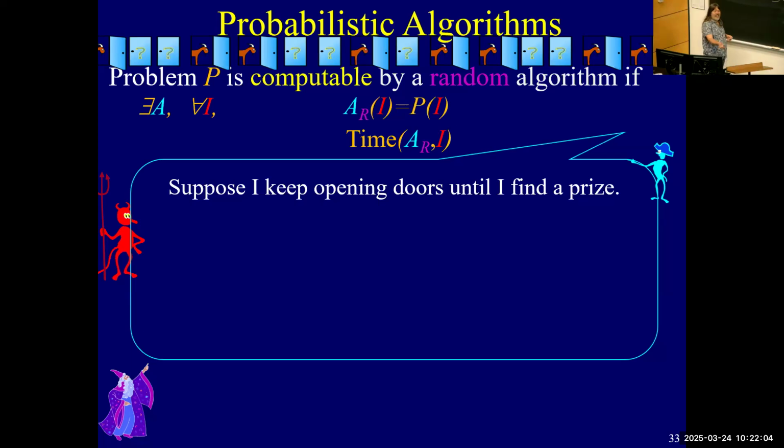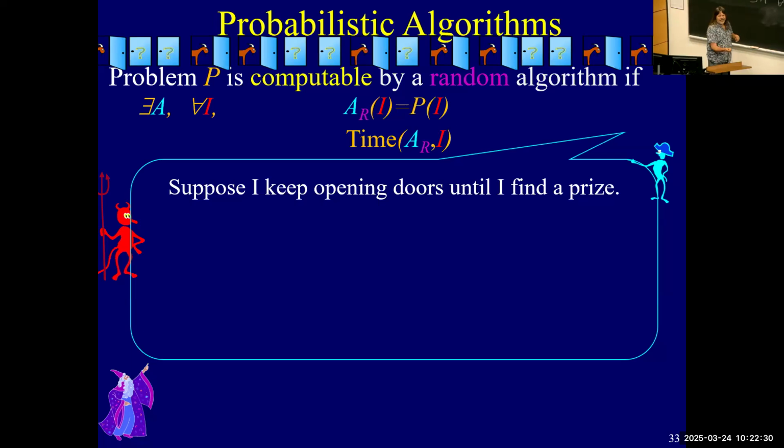I'm going to roll a 6-sided dice, and I'm going to keep rolling this same dice until I get a 1. What's the expected number of times until I get a 1? What's your intuition? 6. If that's your intuition, you're right.